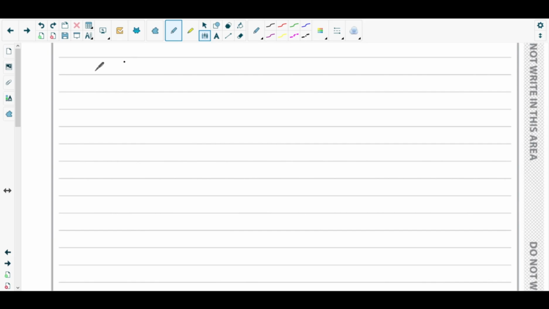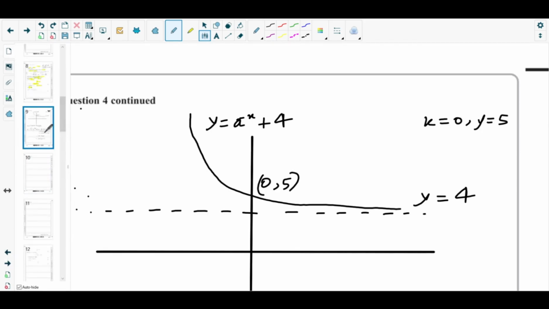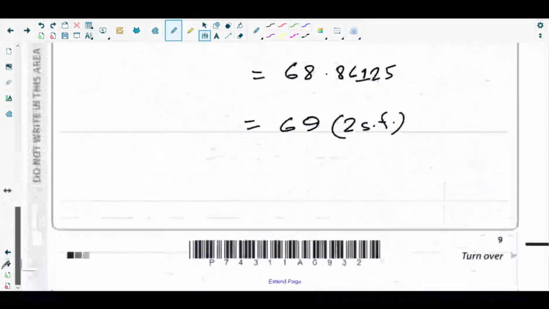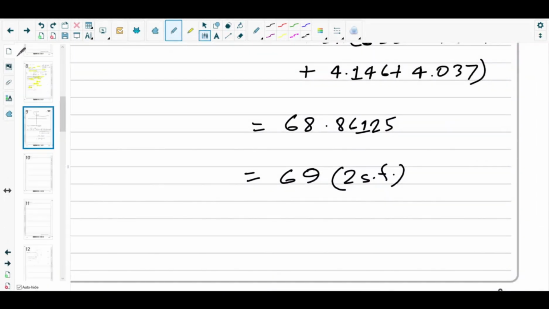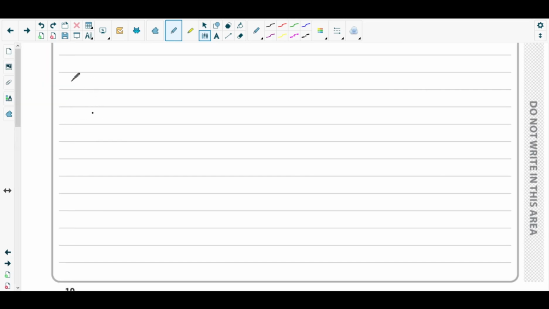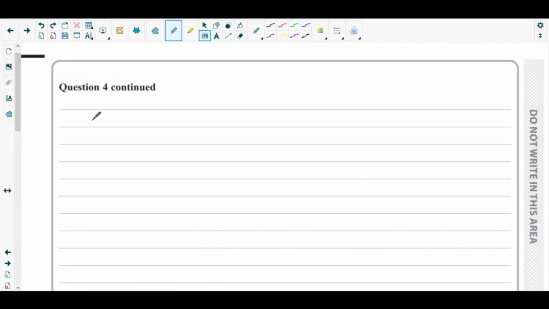We need the value for the integration of 3 to the power inverse half of x. So this is part C1.